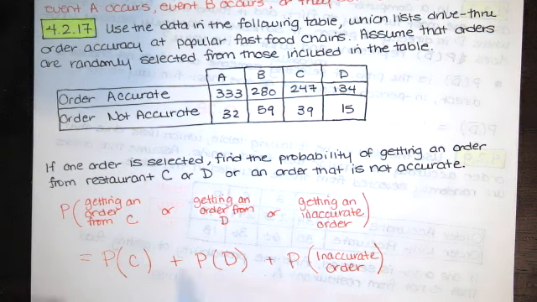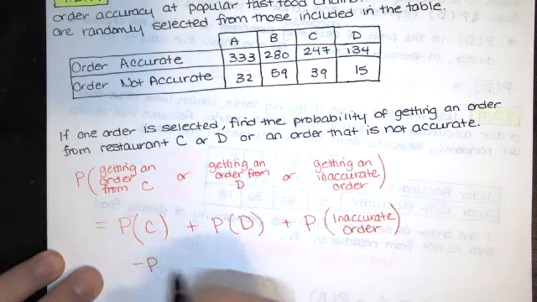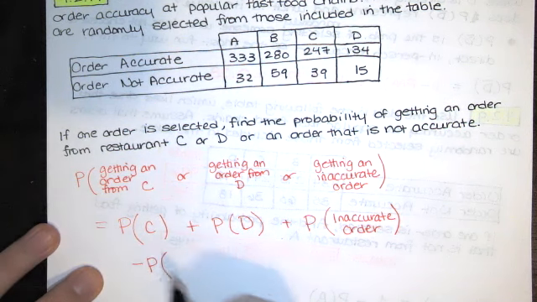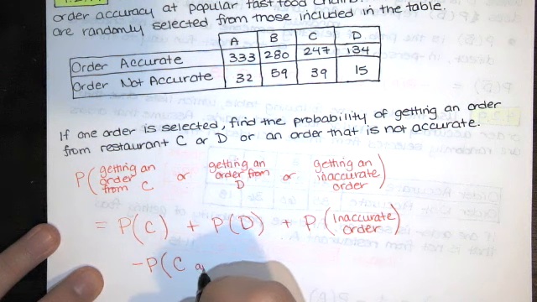So I don't want to count those twice. To compensate for that, we're going to subtract the probability of selecting an order from C that also happens to be inaccurate.